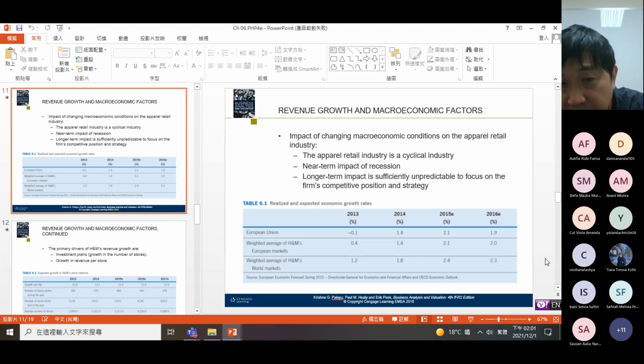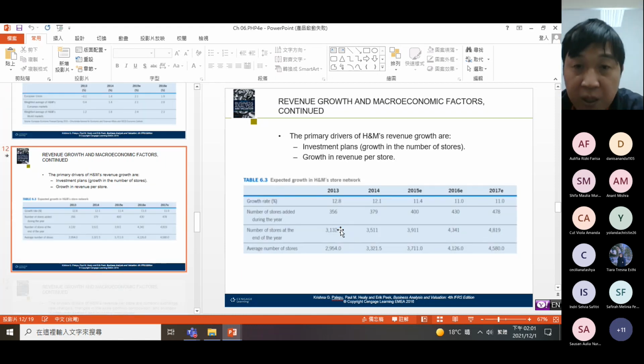For the European Union, you can see 2013, 2014, 2015, 2016, the economic growth rates and the changes over time.